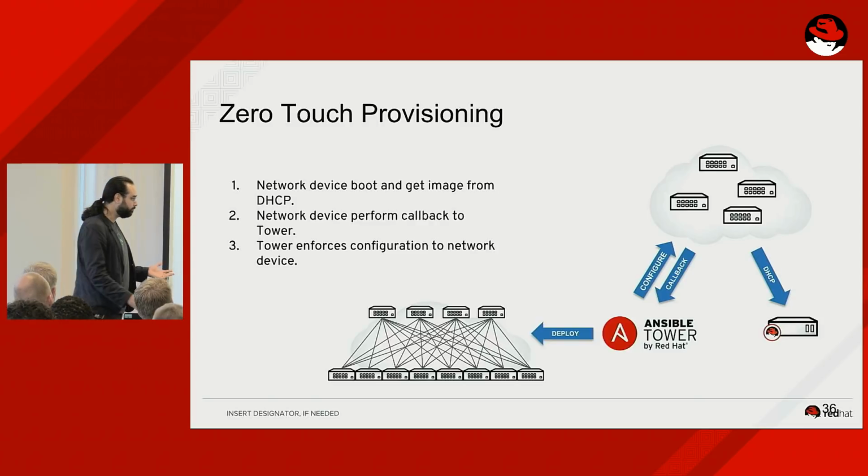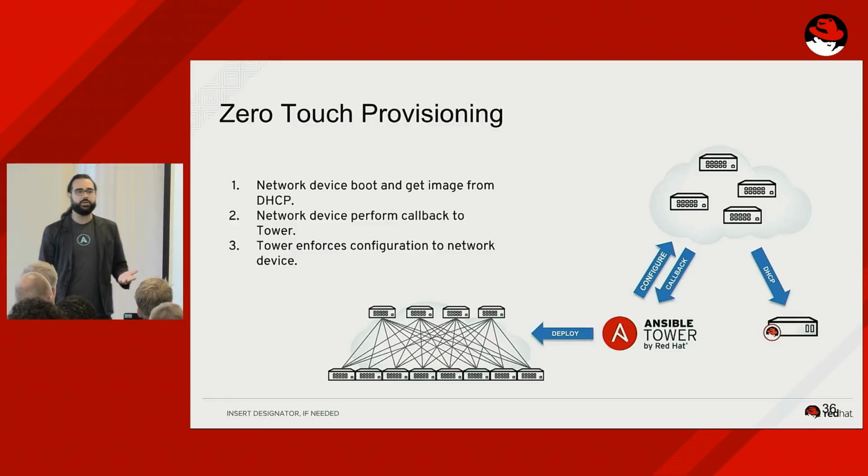You can also do this with Ansible, where you have your DHCP server that provides the image. When your device boots, it takes the image and information through the management interface. It calls Tower. Tower goes and configures that particular device to perhaps integrate a new device in a fabric, a new spine, a new leaf.